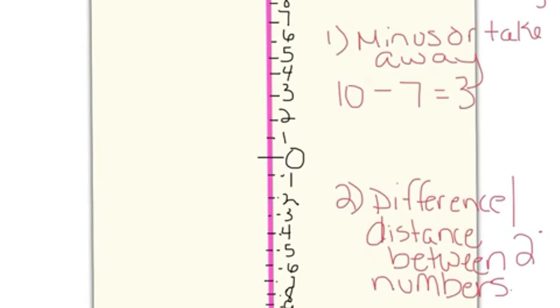So let's show this as the distance between 2 numbers. If I start up at 10, here's where I'm starting, and I am going to move 7 units. If I move 7 units, where will I go? 1, 2, 3, 4, 5, 6, 7. I end up at 3.